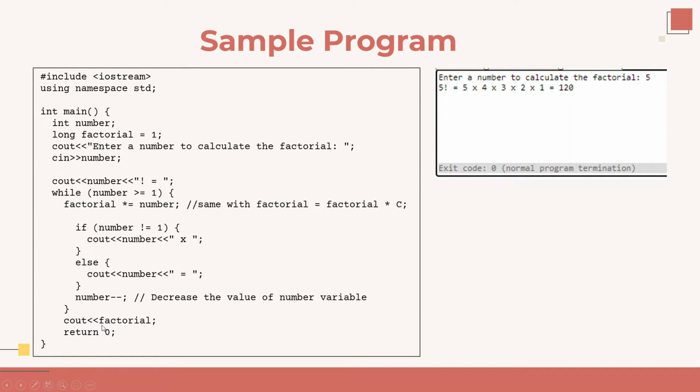And then we cout the factorial result. And this is the output. Enter a number to calculate the factorial, and the user inserts 5 here, and then 5 factorial equals 5 multiplied by 4 multiplied by 3 multiplied by 2 multiplied by 1, which equals 120.